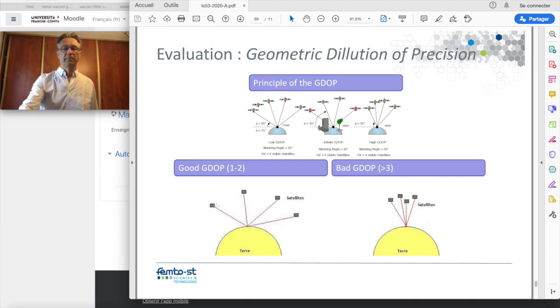A good DOP means there is a long distance between the satellites. If the satellites are too close to each other, you are going to have a bad GDOP. So when you have a lot of buildings, you are going to have less choice of satellites, and if you have less choice, you are going to have closer satellites, of course.